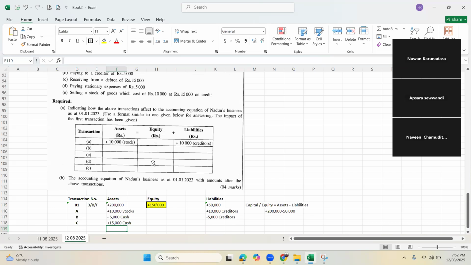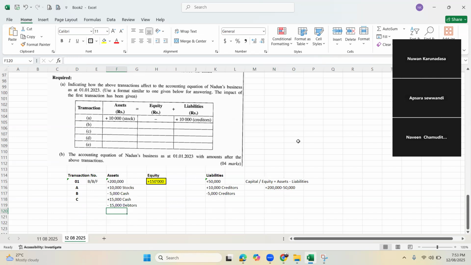No. Debtor is an asset. Creditor is the liability. So 15,000 minus that is debtors.